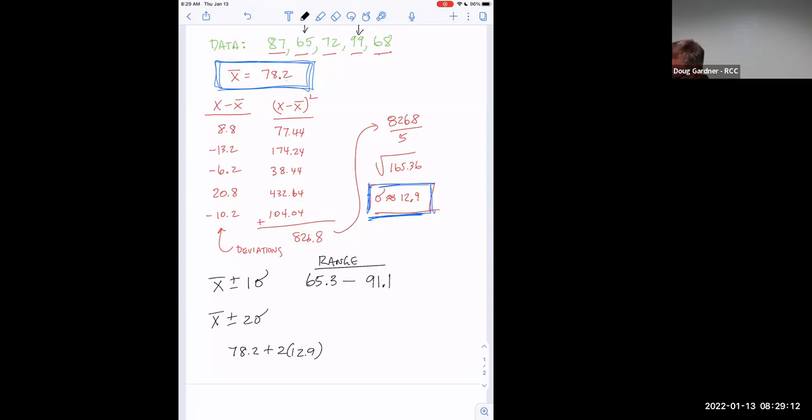I take the mean plus 2 standard deviations. Like, that's an algebra formula. If I do that, I get 104 for the top end, exactly, if I didn't type that in wrong. If I subtract, because it's plus or minus, I get 52.4 for the low end.